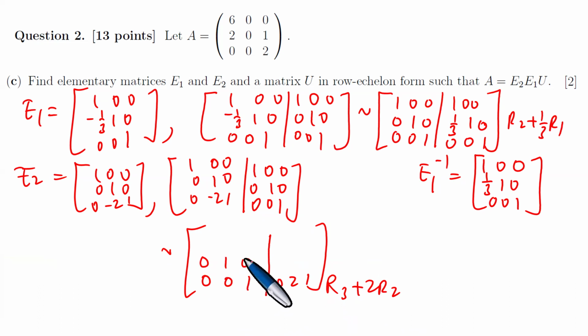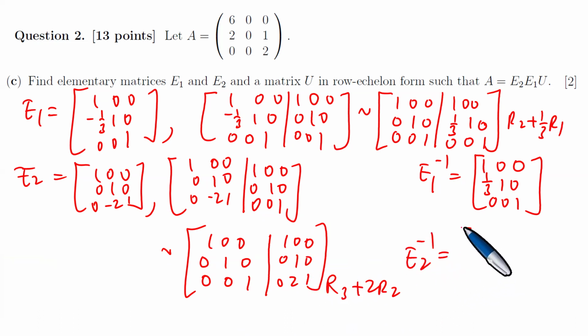Okay, so with this, this is the inverse. Which means therefore that E2 inverse is this one, which is what we want: 1 0 0, 0 1 0, 0 2 1.